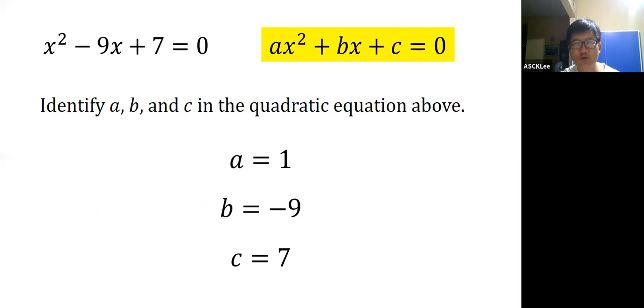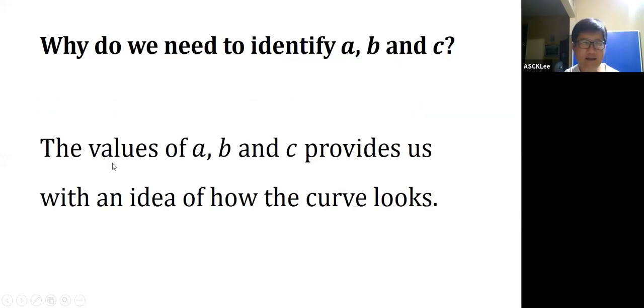What we have done here is to identify the value of A. What's A? A has a value of 1. What's B? B has the value of minus 9. What's C? C has the value of 7. So when we say identify A, B, and C, what we mean is find out the values of A, B, and C. Why is it so important for us to find out these values?